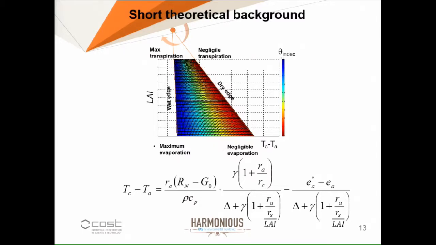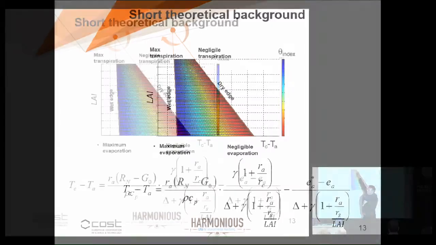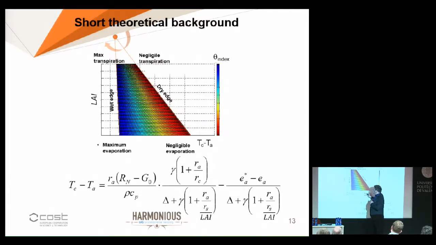With a very high leaf area index we have transpiration, with a very low leaf area index we have just evaporation, and there are 2 boundaries, 2 edges, where we have the maximum of transpiration and evaporation, and the minimum transpiration and evaporation. These are called the wet and the dry edge.